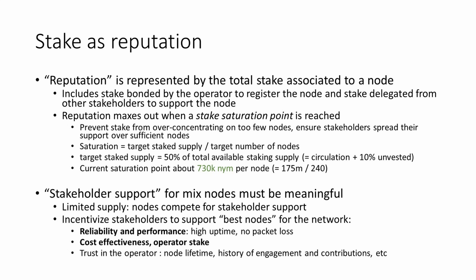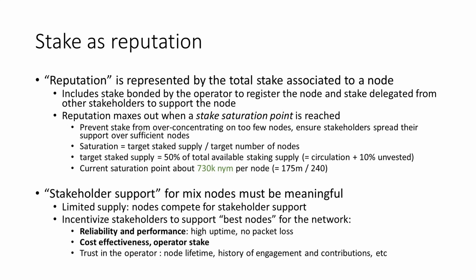And then we also allowed for a percentage of unvested tokens to be used for staking, and this percentage is 10%. So if you have locked accounts, you can use 10% of your locked tokens for staking, in addition to any circulating tokens that you have.